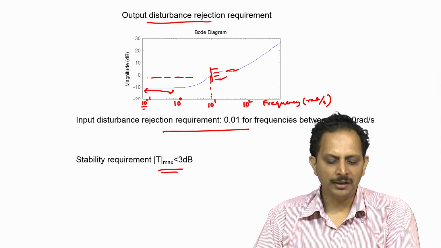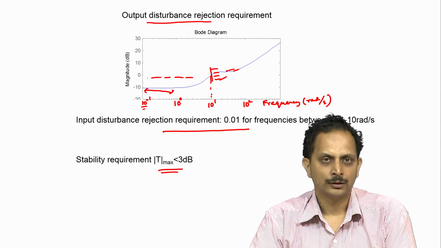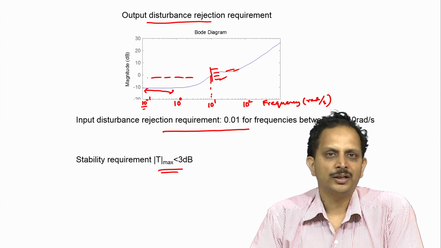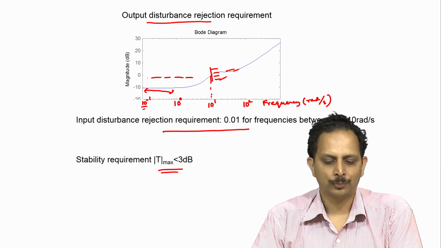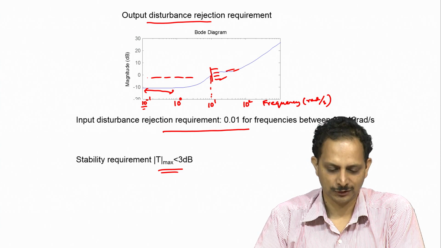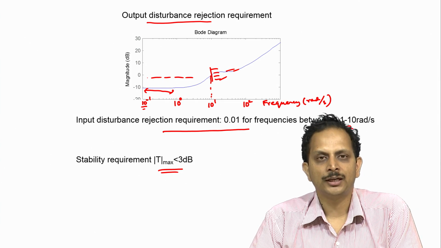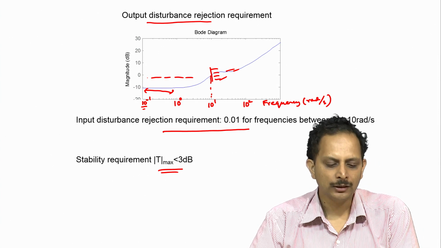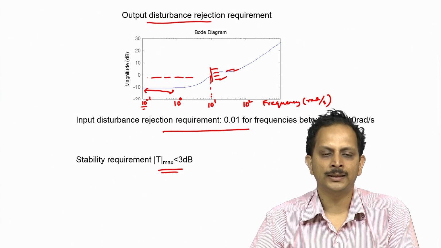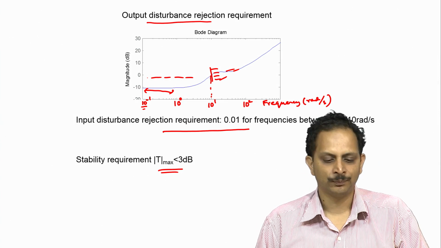Hence, for stability we want T max to be less than or equal to 3 dB. The question now is, how do we execute a design using the Nichols plot for these particular performance and stability specifications. So, I shall now write down the different steps that are involved in the design of a feedback control system in the Nichols plot to satisfy these performance specifications.